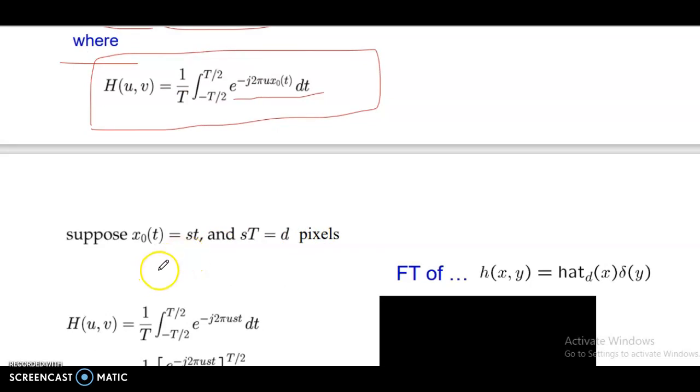Suppose x0(t) equals st and sT equals d pixels.